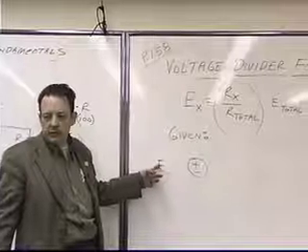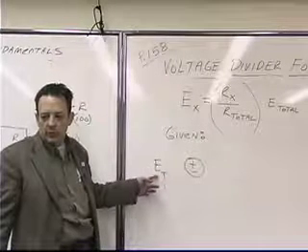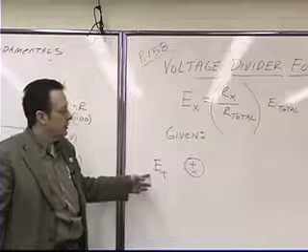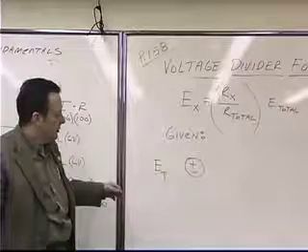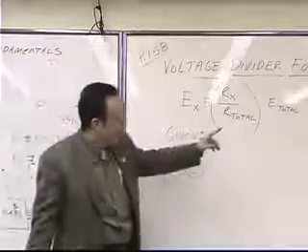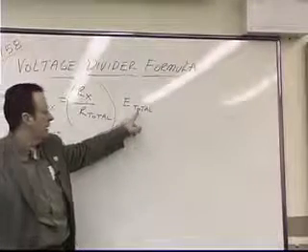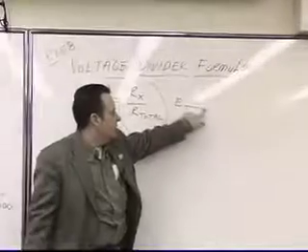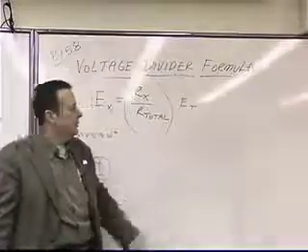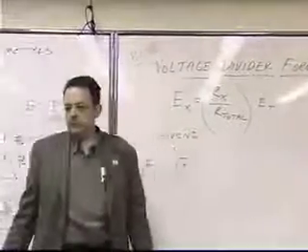When you write the letter down lower, it's called a subscript. So you notice here how I wrote total? That's the same thing as ET.